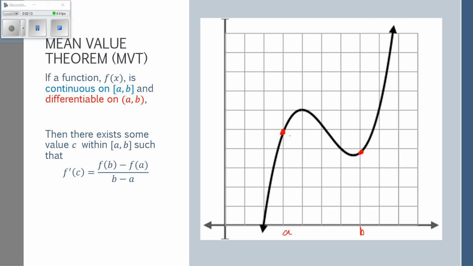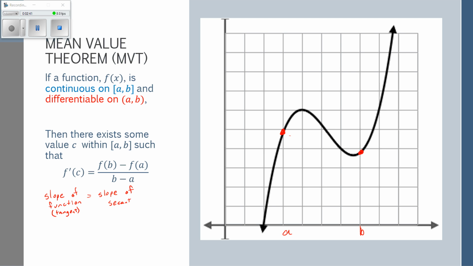So f prime is the derivative, and another name for the derivative is the slope of the function. And then f of b minus f of a over b minus a is our old school slope, which is the slope of a secant. And sometimes I'll say slope of a tangent instead of slope of a function for the f prime part.